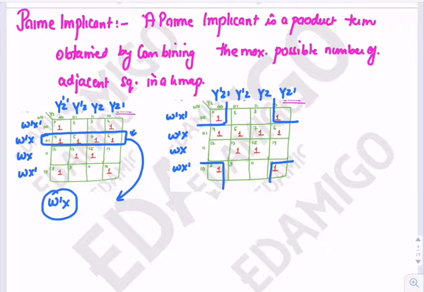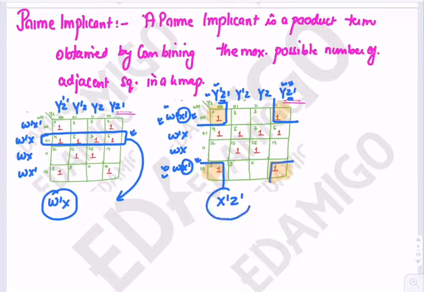If we combine these four squares, the terms which are not changing: w is changing, here it is w bar, here it is w, but x bar is not changing, so x bar is a term. Similarly, y is changing, but z bar is not changing. So by combining these four ones, we get x bar z bar, another prime implicant.